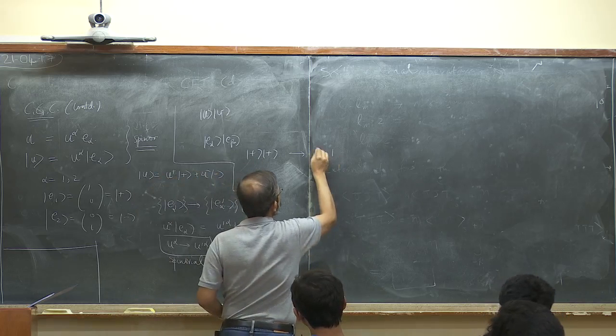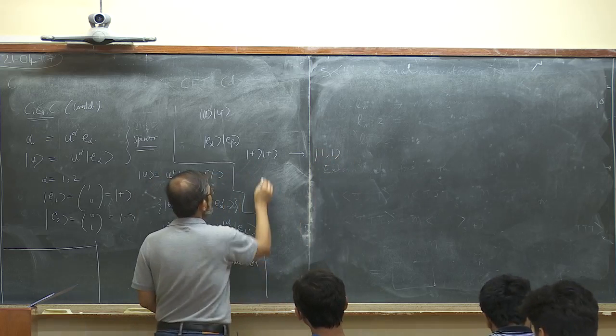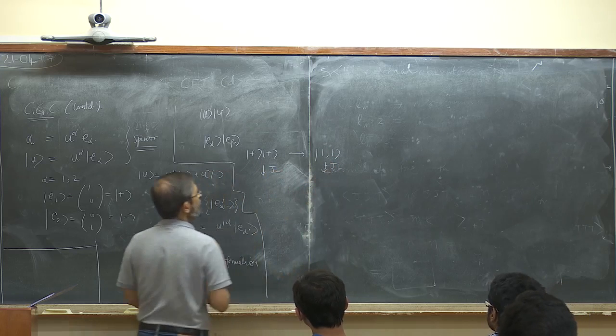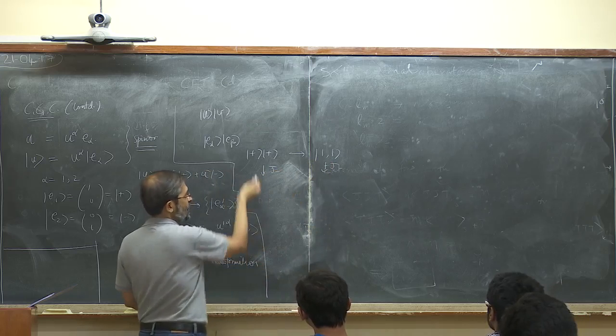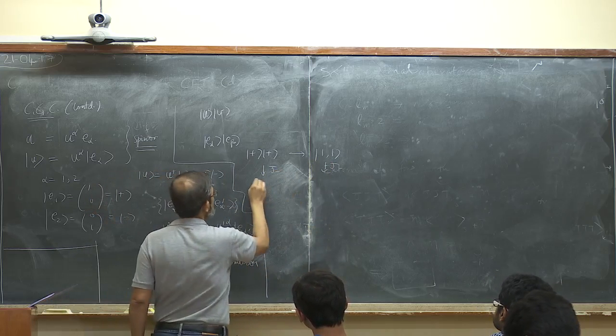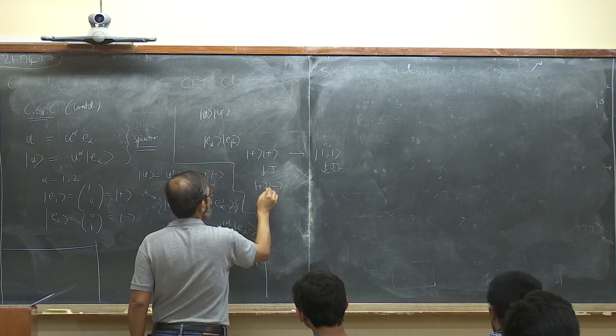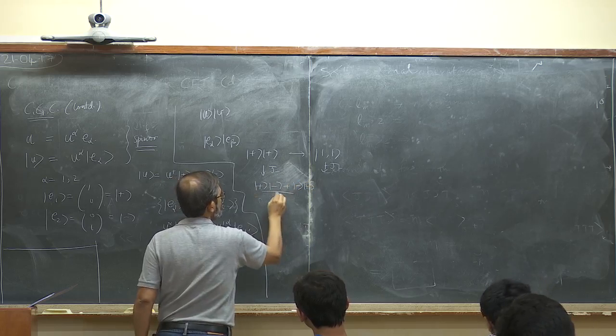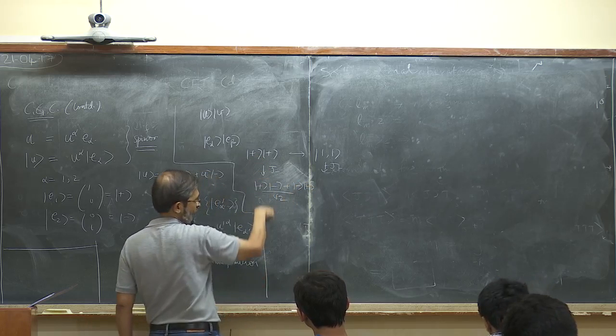So this corresponded to this one, and then you apply J minus here and you apply J minus here. Whatever you get and whatever you get here, they must be identified, of course. So this was plus minus plus minus plus divided by square root of 2. This is what you get from here.